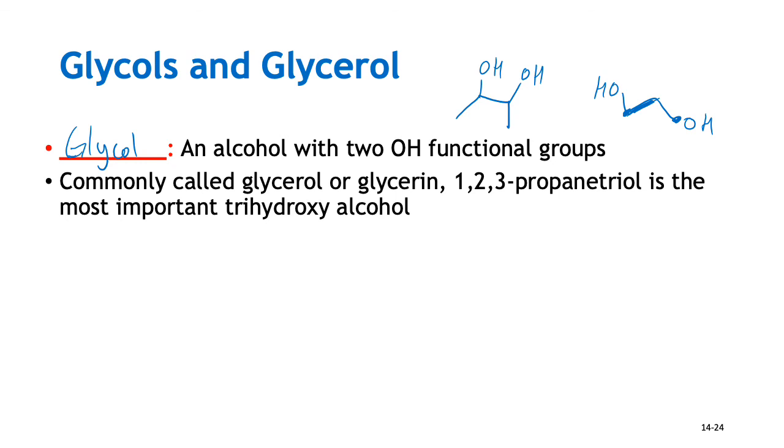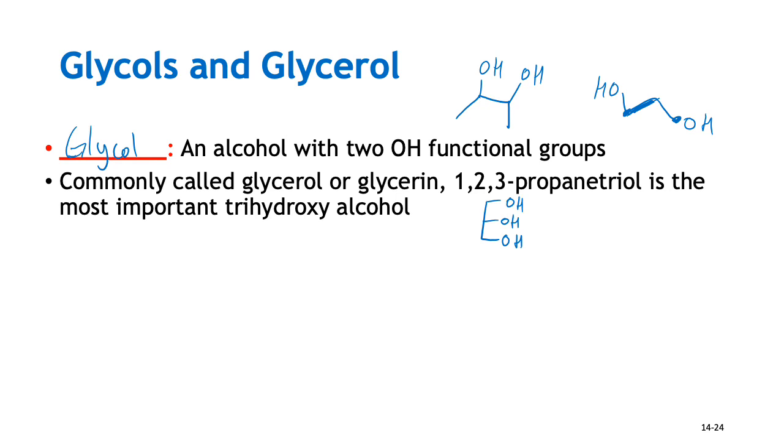Commonly called glycerol or glycerin, 1,2,3-propane-triol is the most important trihydroxy alcohol. We're going to talk more about this. Glycerol is the product of hydrolysis of fats and oils. So that's a triol, 3 alcohols. So that's 1,2,3-propane-triol.